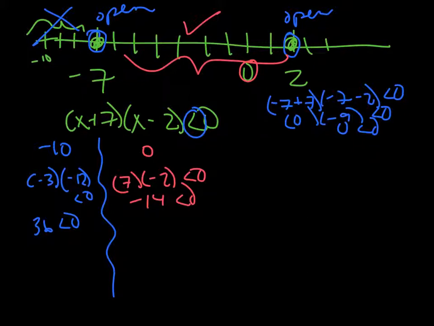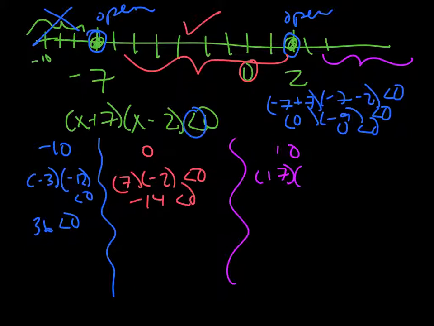Next, we're going to test something in this area on the right. I'll do a positive 10. 10 is an easy number to do. So 10 plus 7 is 17, and 10 minus 2 is 8. That is a positive number that is not less than 0, so this is not in my domain.